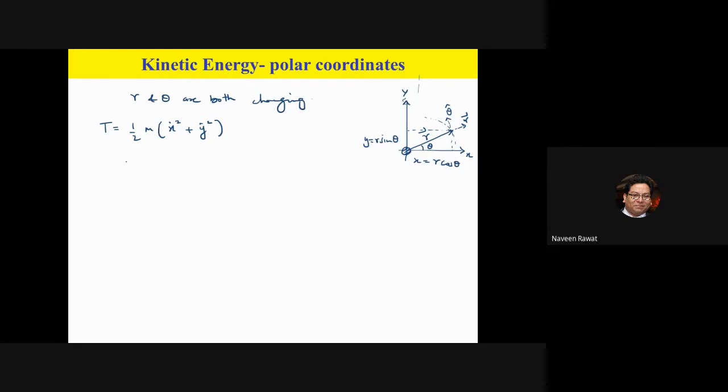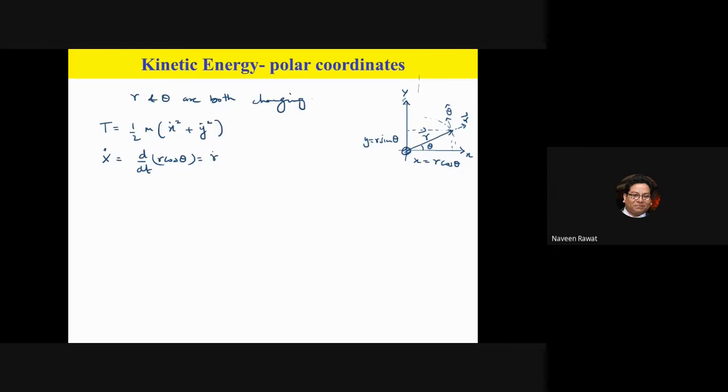So let's see what x dot is. I have x is r cos theta. If I want to find d by dt of r cosine theta, now remember your r and theta are both changing, so you have to be a little bit careful here.